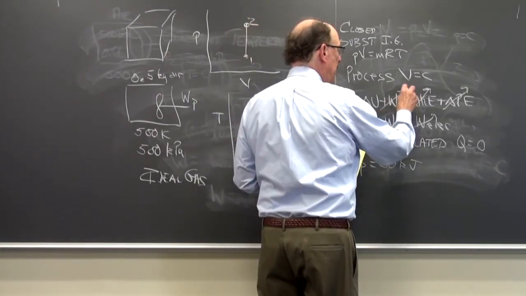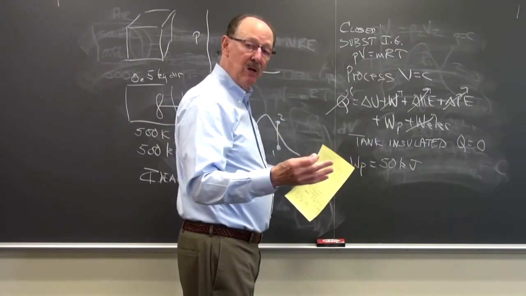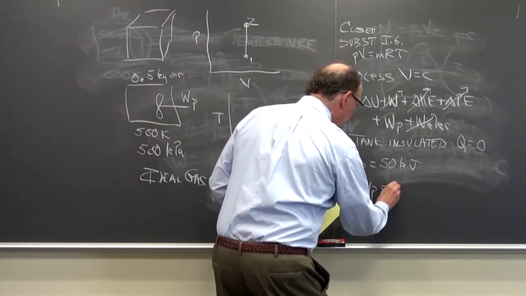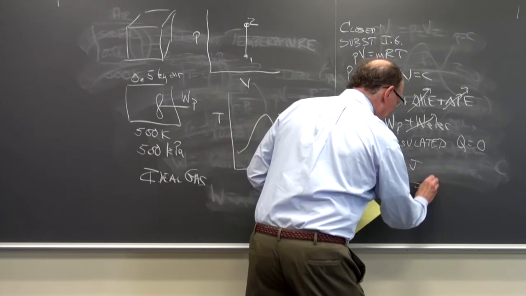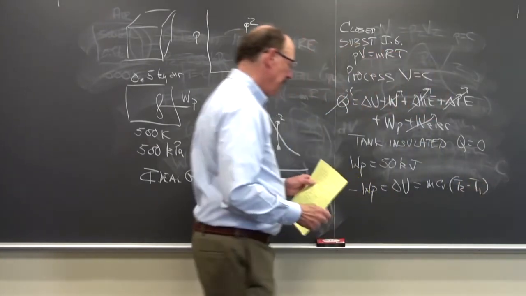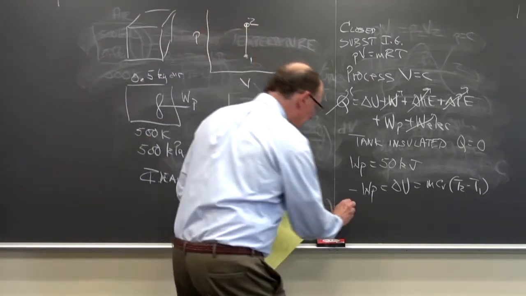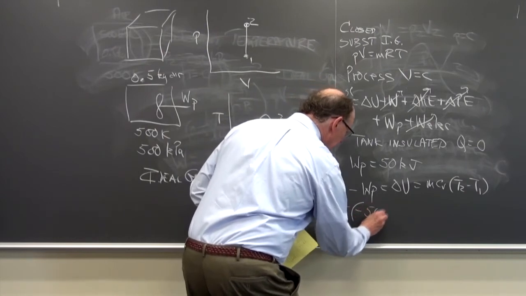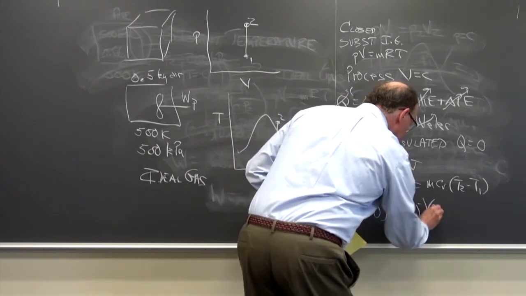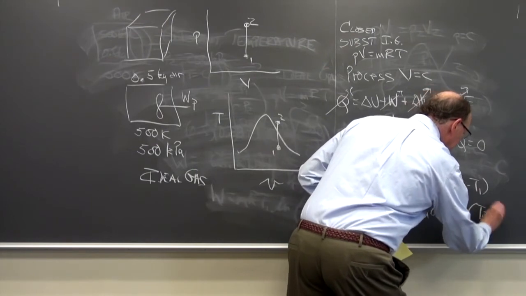This is the PdV work, so that goes to 0. Q is 0. And basically, the first law comes down to minus W_P is equal to delta U, which is equal to m C_v times T2 minus T1. So in this case, I know this is a minus 50 kilojoules, and that's equal to 0.5 times 0.7176 C_v times T2 minus T1.